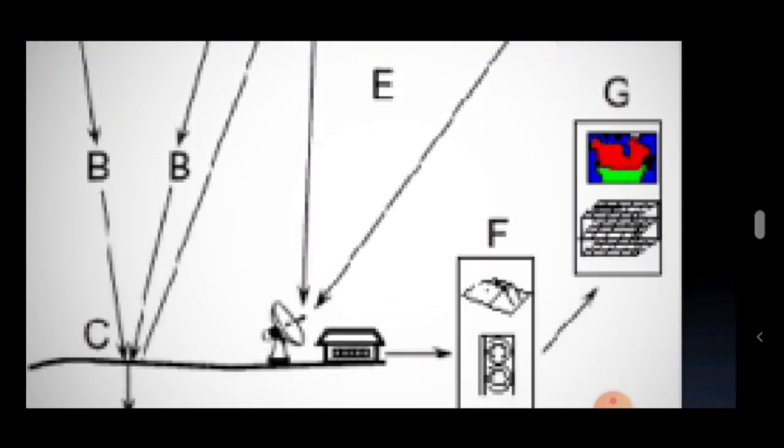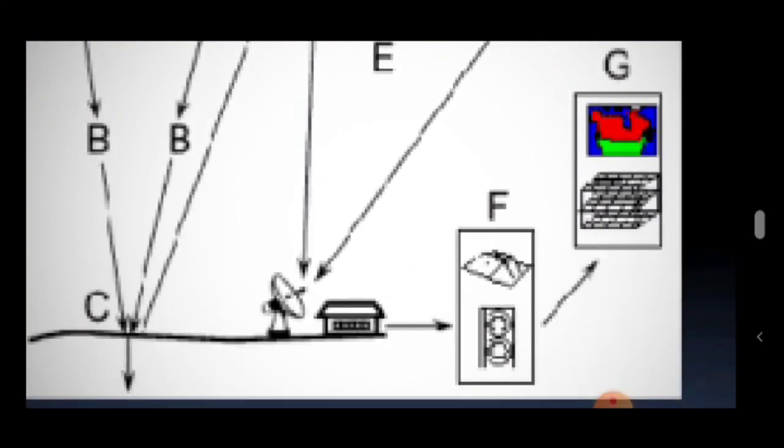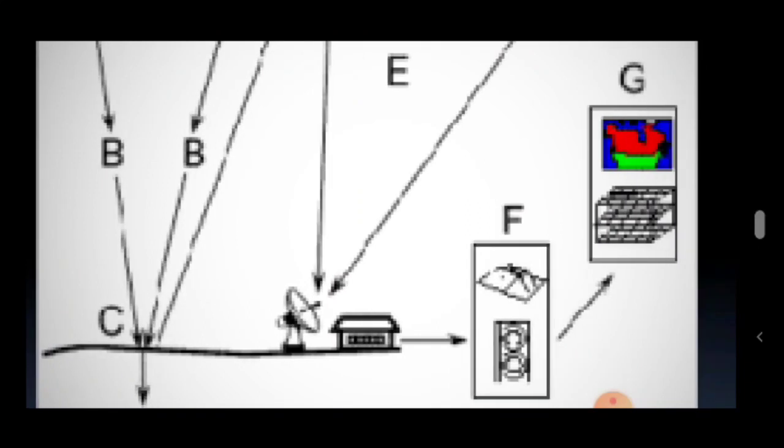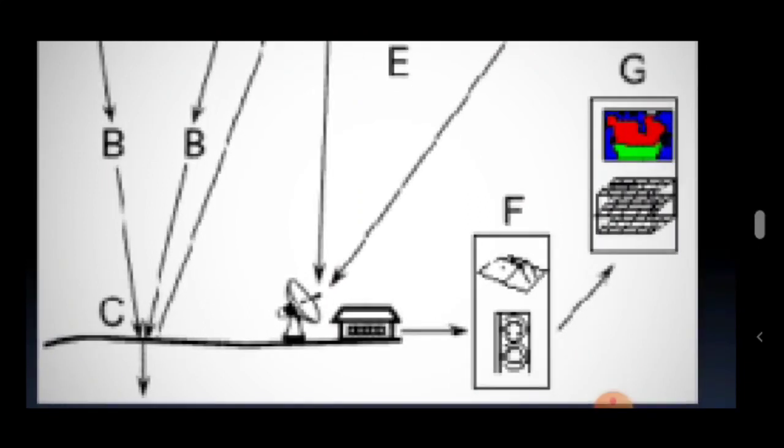To have this image, these transmitted data need to be interpreted or analyzed. To analyze or interpret it, there are certain devices used for that, but we need to interpret or analyze this data to have a visual or digital output of the information we've taken so far from the energy source.